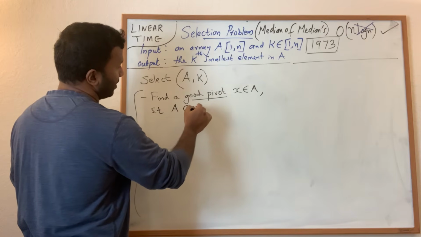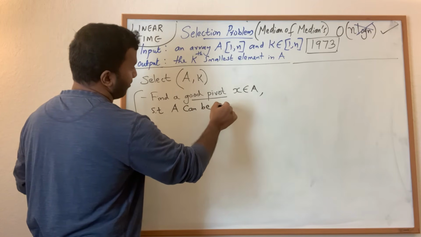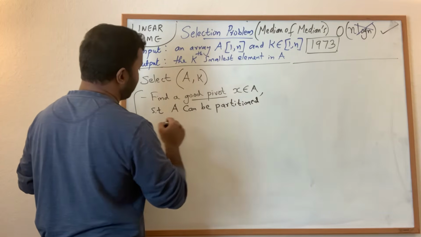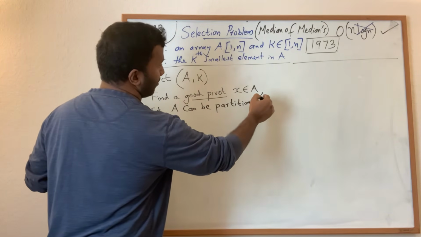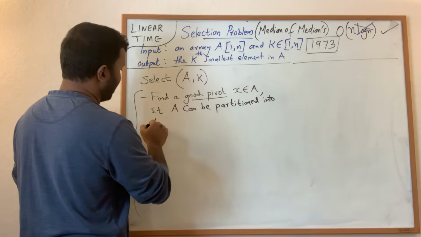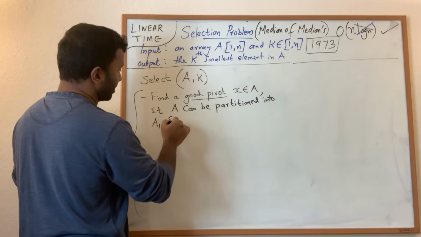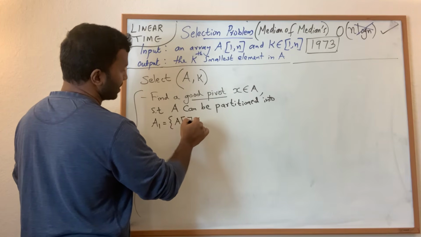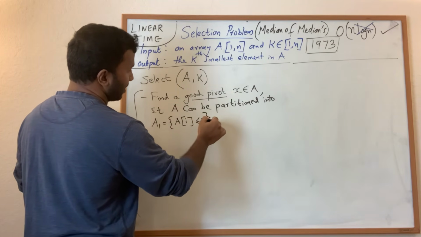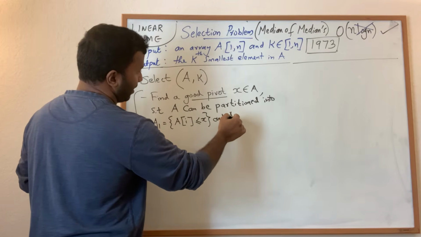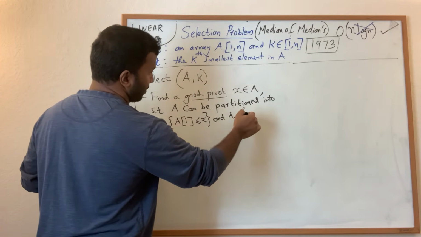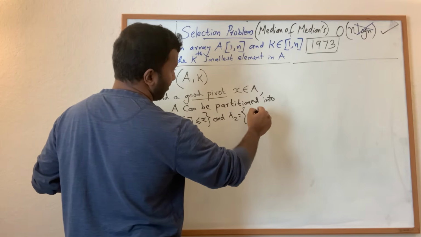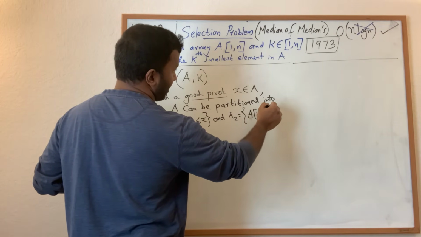A can be partitioned into A1, which is the set of all numbers in A which are less than or equal to x, and A2, which is the set of all numbers in A which are greater than x.